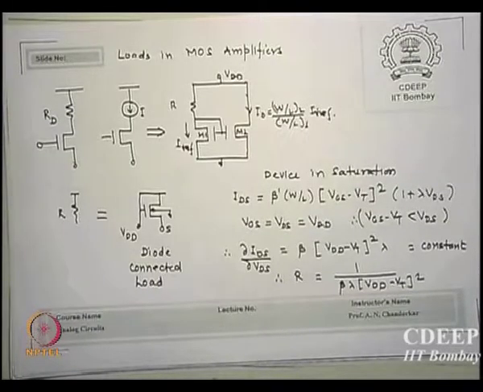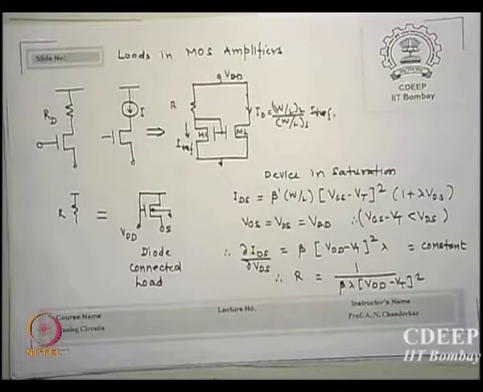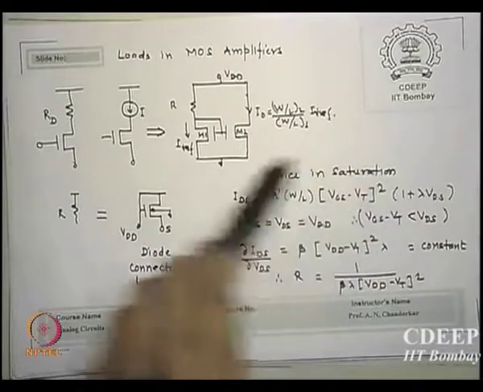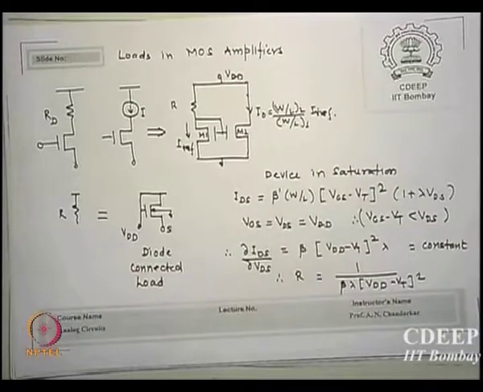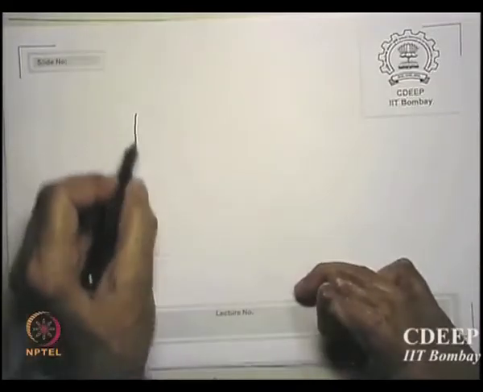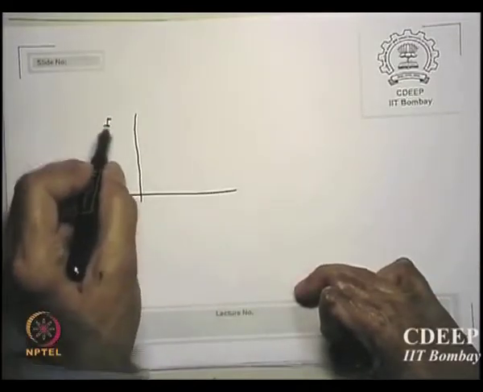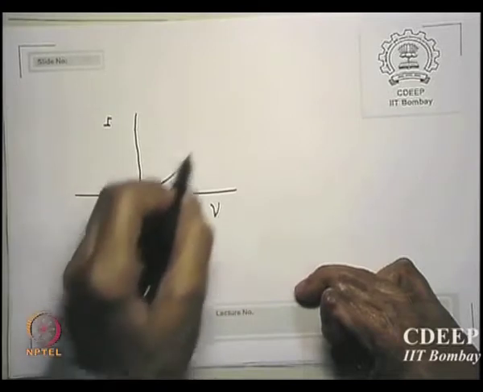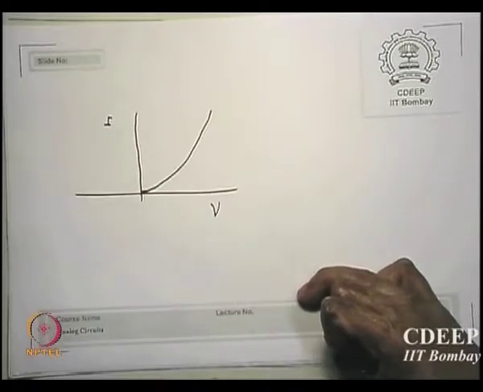Okay, something you can see, thanks for suggesting. If you leave lambda per se, lambda is 0 for example, this equation is quadratic, it's a parabolic equation. Now if you see the IV characteristics of a diode, how does it look? It's something like this.